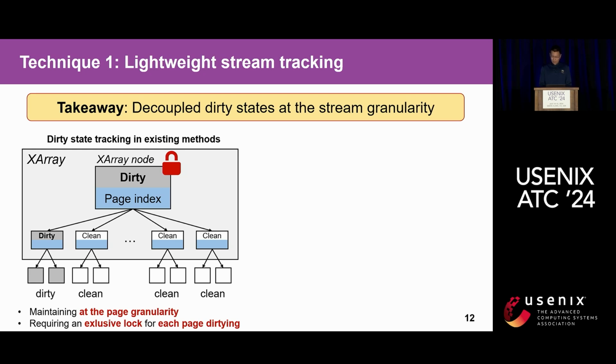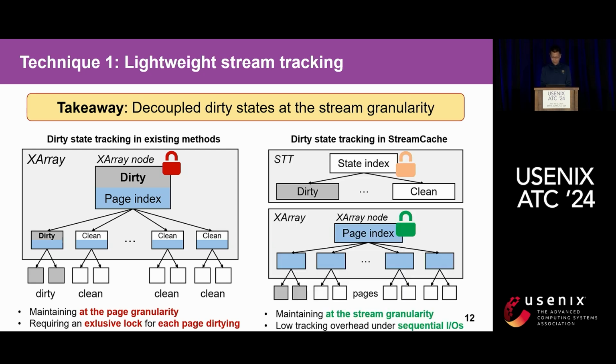Maintaining such fine-grained dirty state requires an exclusive lock when manipulating each page. On the other hand, StreamCache maintains dirty states at the stream granularity, only requiring an exclusive lock for each I/O request. The stream pointer also decreases the tracking overhead on the sequential file I/Os.